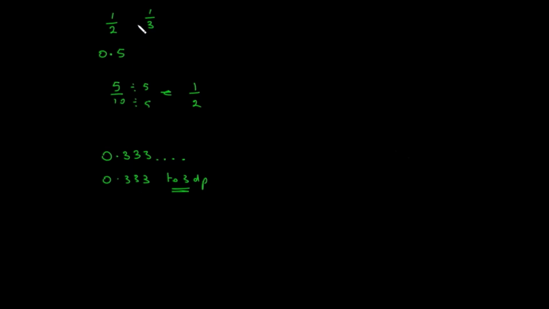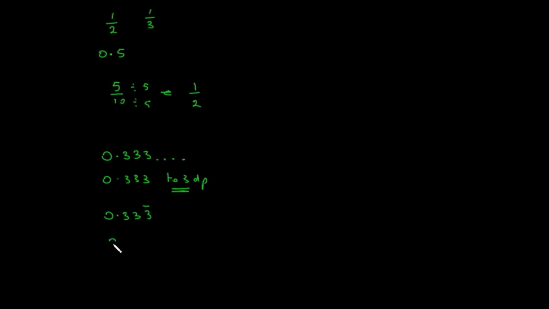A third is 3's that go on forever. Now if you were to write it like this, you can choose to put a line over the top there. This little signal tells people that the 3's go on forever and ever. Very important.